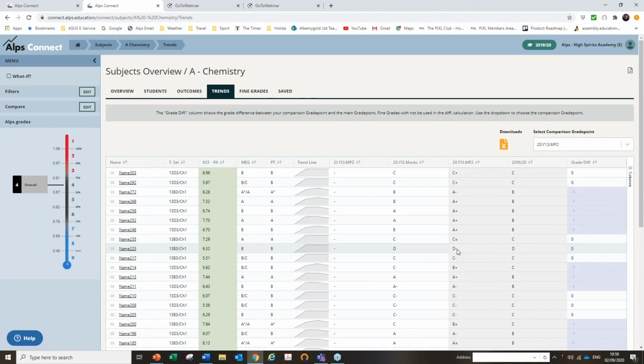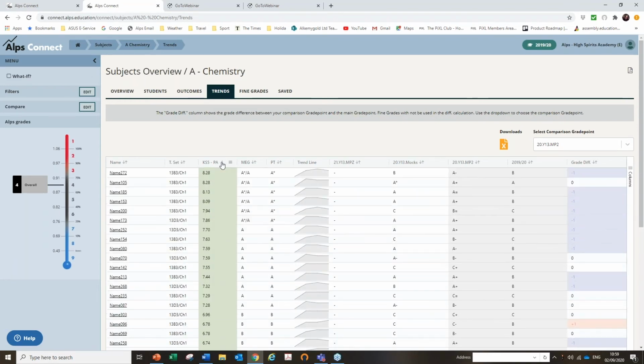I'm going to sort by prior attainment to bring the most able up to the top, and I'm going to bring you over to this column here which says grade diff and is isolating the difference between the grade awarded, the centre assessed grade that became the result, and the MP2 predicted grade.